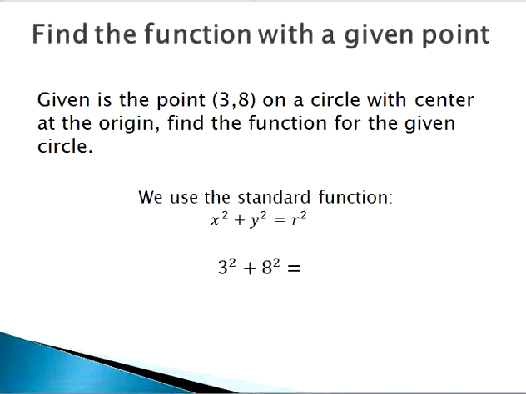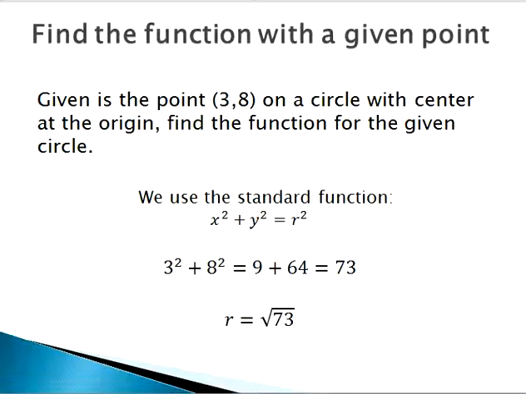And we get 3 squared plus 8 squared, which is 9 plus 64, which is 73. R squared is 73.